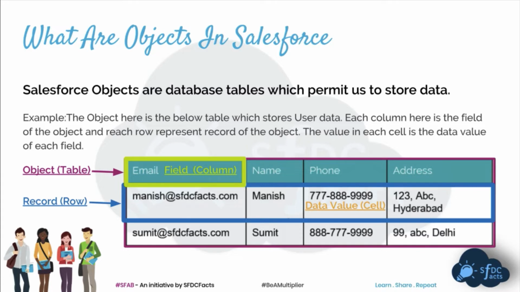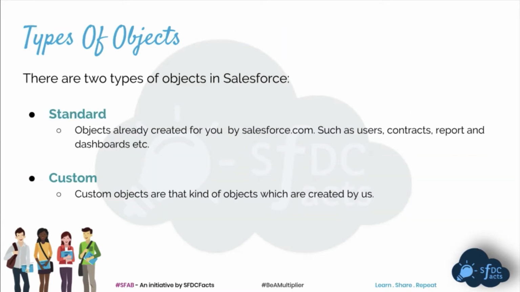Now let's understand the two basic types of objects we can use in Salesforce: standard and custom. The objects which are already created for you by Salesforce.com are your standard objects. Whenever you unwrap any brand new Salesforce org, like your developer org, you will notice that some functionality is already set up for you.